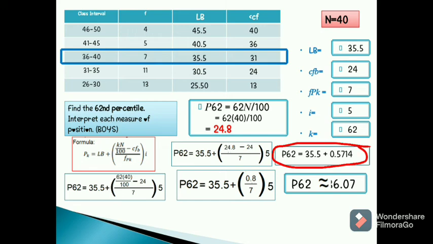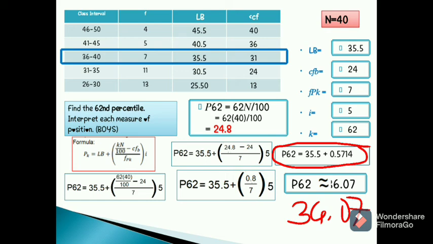And here in the final answer, the 36.07 is only 2 decimal points. So that is for the boys.